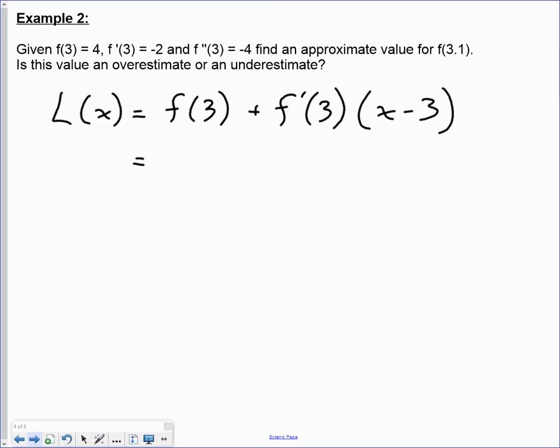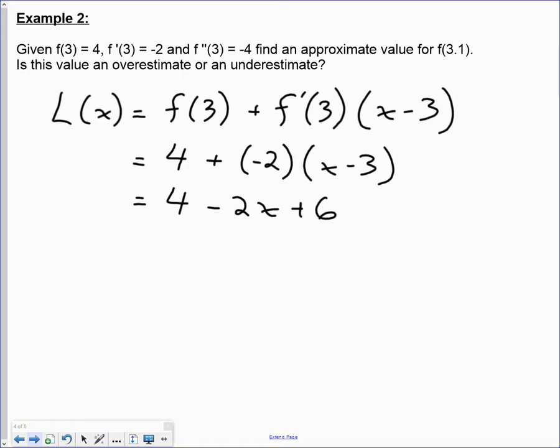We're told that f at 3 is equal to 4, and f primed at 3 is equal to -2. So we can just keep x minus 3 and expand this out a little bit. This is going to be minus 2x plus 6. So our linearization is going to be 10 minus 2x.